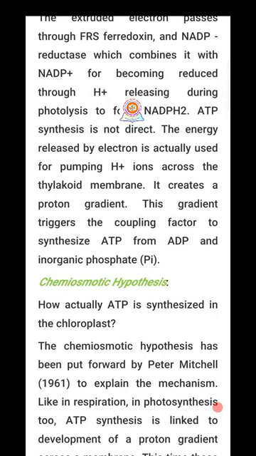In non-cyclic photophosphorylation, the expelled electron does not come back to its original place. That's why it is known as non-cyclic photophosphorylation.